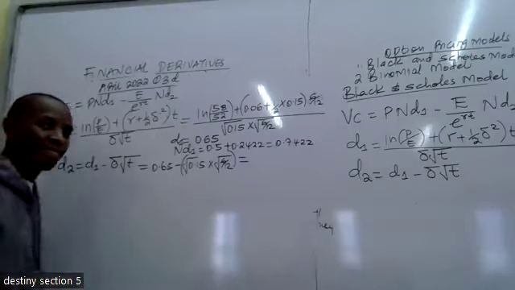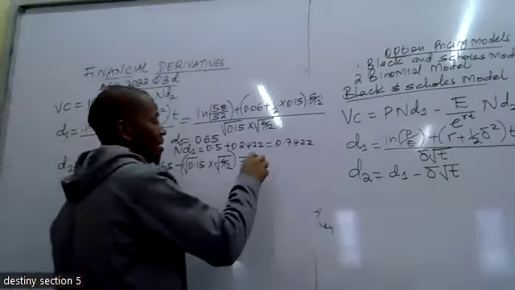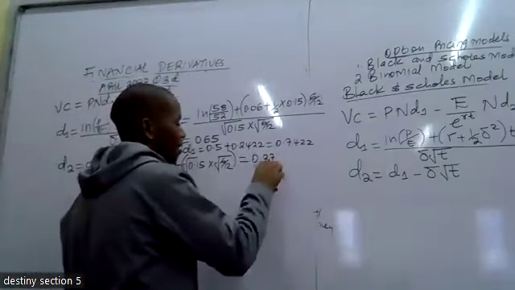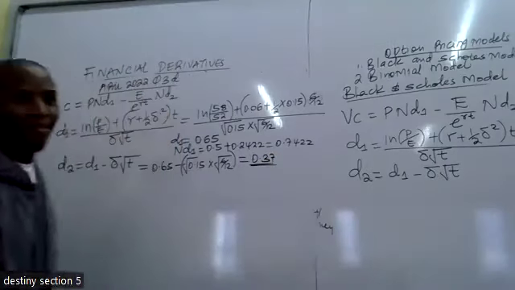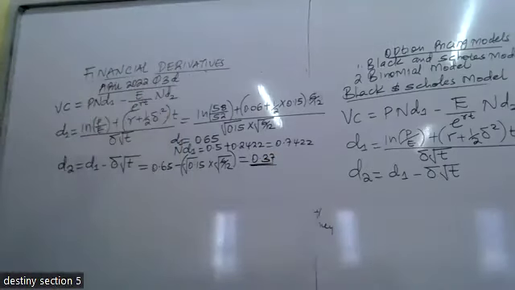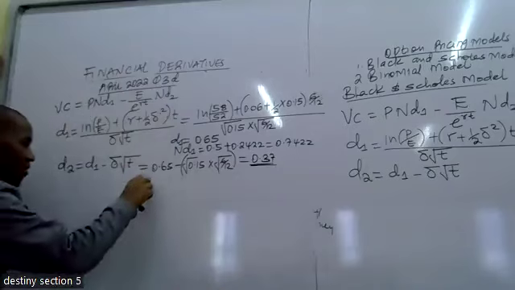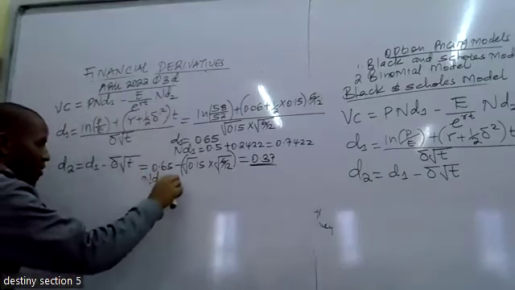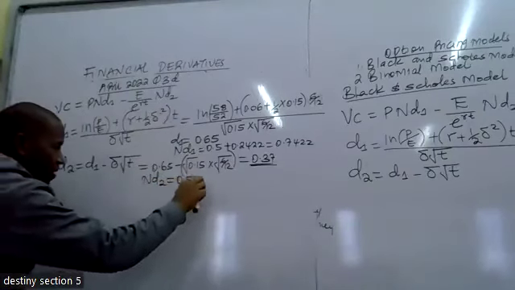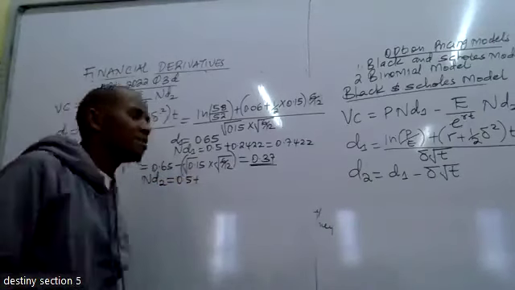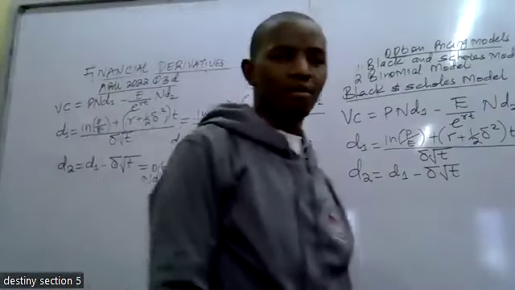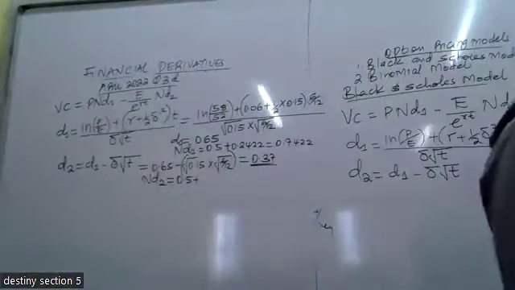Is it 0.37 or 0.38? Yeah, 0.37. So having that now, you go to the normal distribution table, you get that value. So what is 0.37 on the normal distribution?